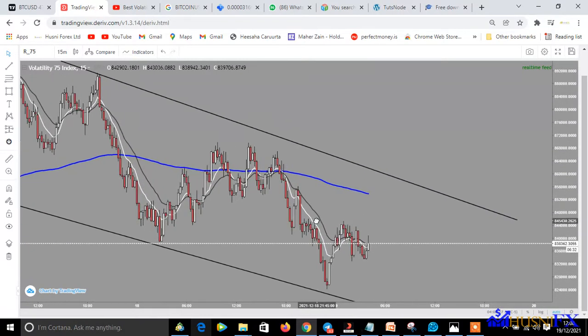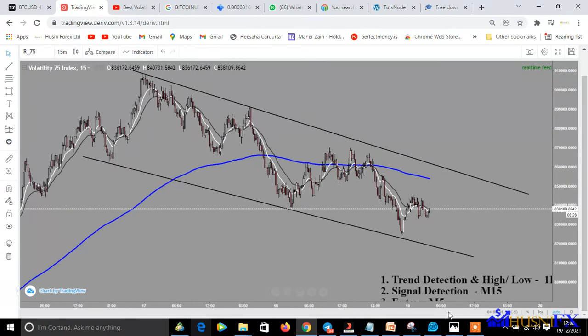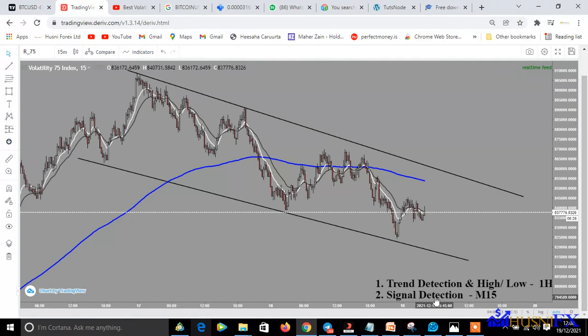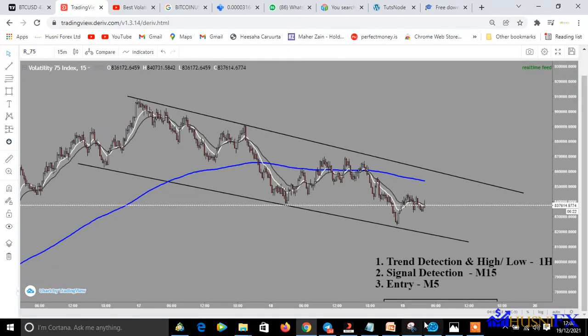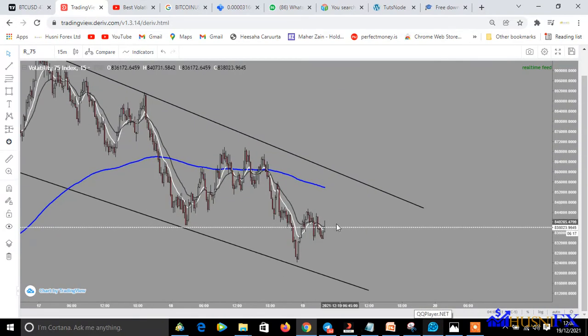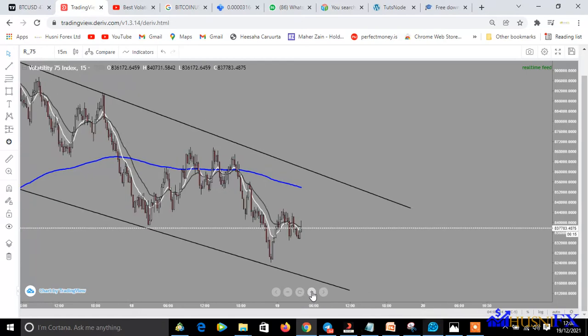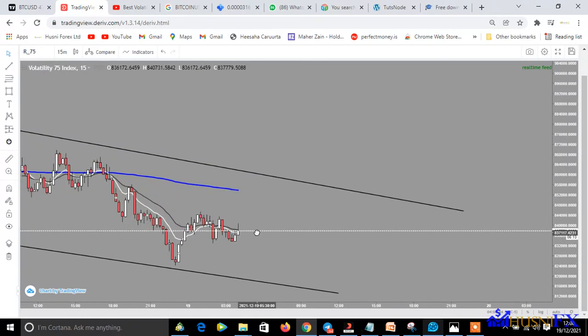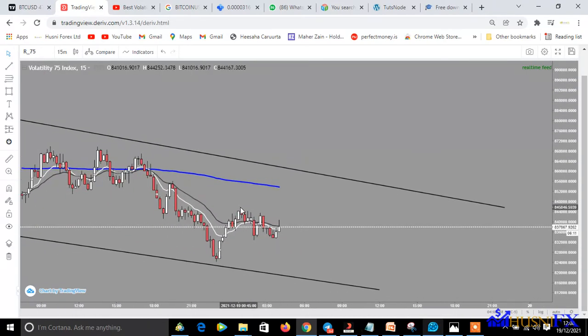So always we have to find our signal for detection at 15 minutes and entries at M5. Right now what I see is that the market is still struggling to go up, but for sure it needs to have a break up in order to buy again.